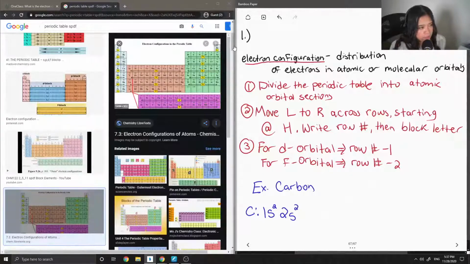This shows the lithium and the beryllium. Then going across to 2p, I count up to where carbon is. So 1, 2 is where carbon is. So the electron configuration for carbon is 1s2, 2s2, 2p2.